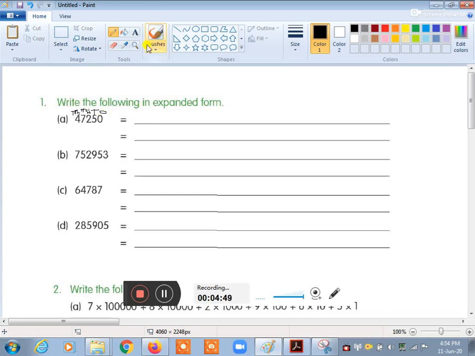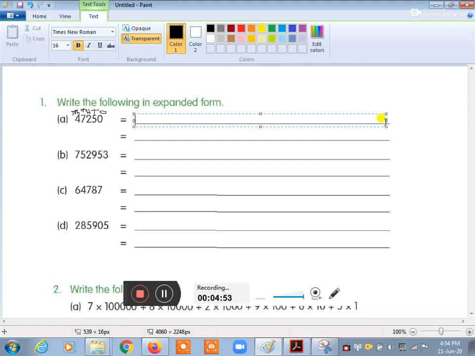So how to write? Four into 10,000. 4 is in the 10,000 place.